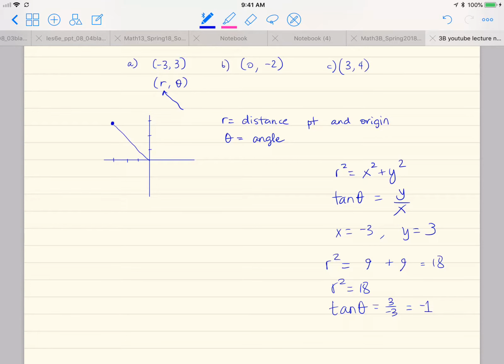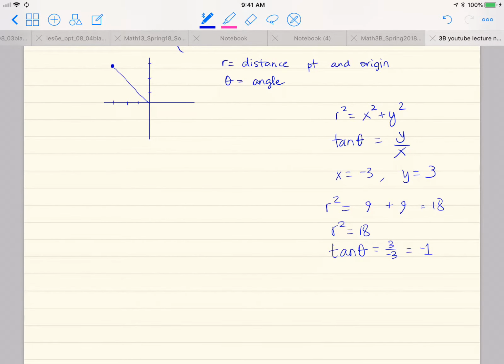So if tangent of theta is equal to -1, we can use the unit circle to say when is tangent equal to 1 or -1.